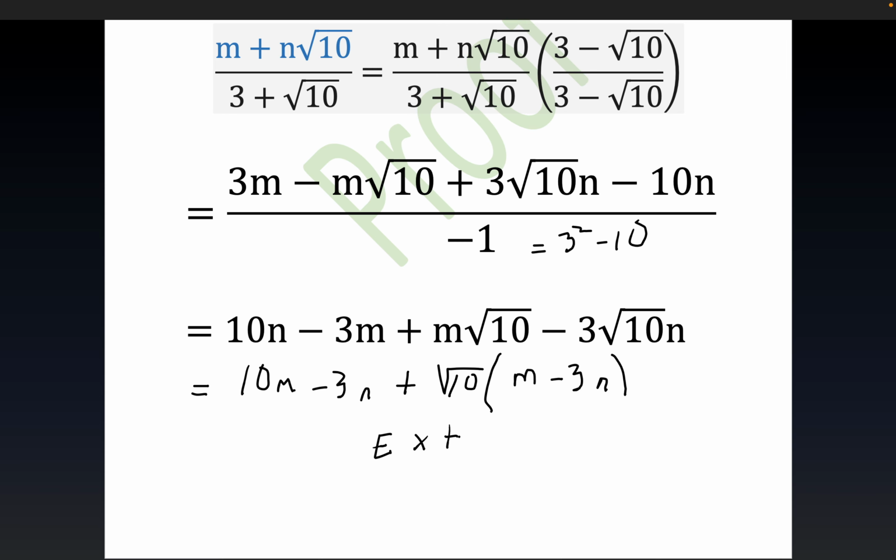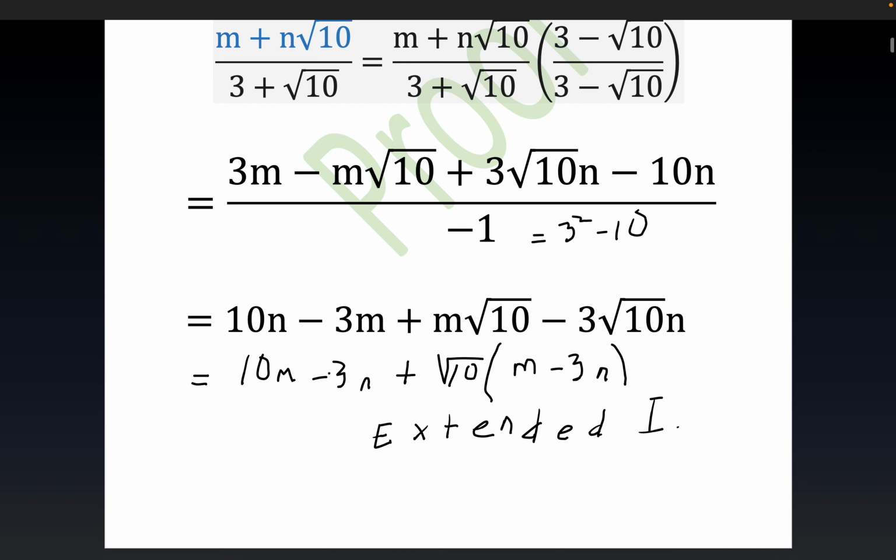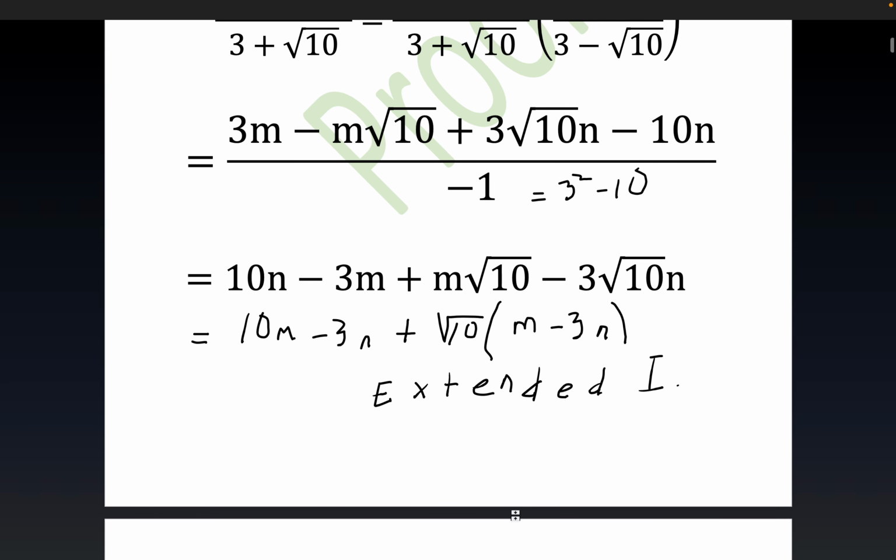We got something in the original form, an integer plus an integer times root 10. Okay, so this is an extended integer, and I'll just abbreviate. Extended integer because it is in this form of a regular integer plus an integer times root 10. That's exactly what this is. This object right here is an integer. This object is an integer times root 10. So that completes the proof. So we can write down QED.